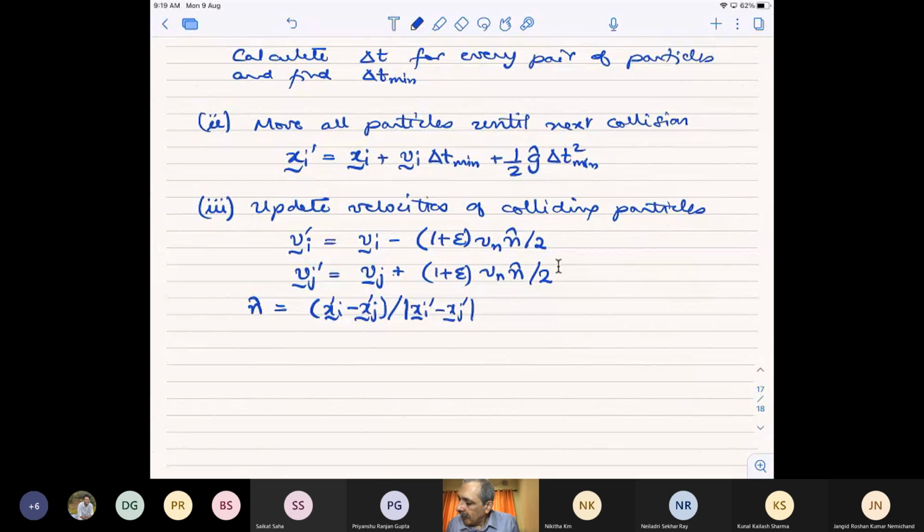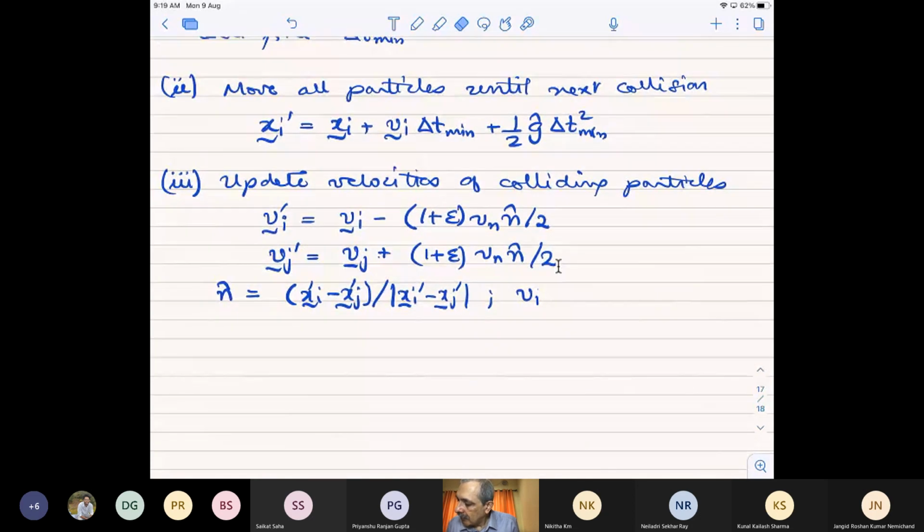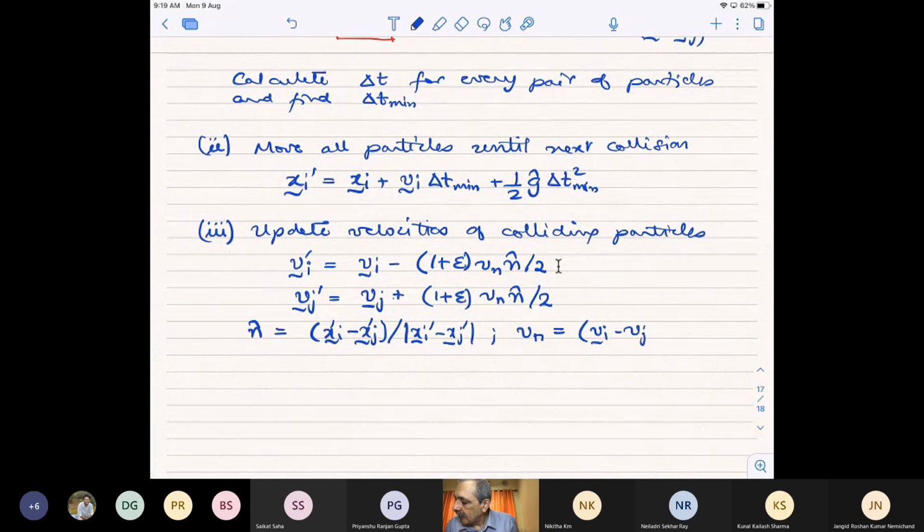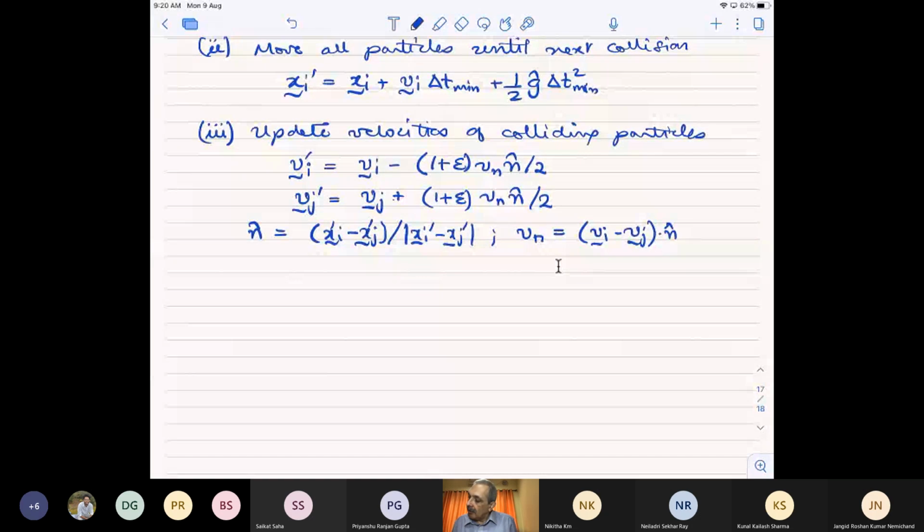And then Vi is of course the original velocity. So Vn is equal to Vi minus Vj dotted with n, the unit normal vector. That is the component of the relative velocity along the line joining the centers at the point of collision.